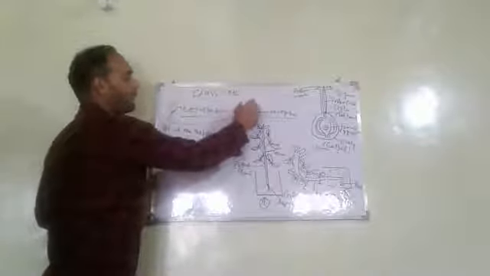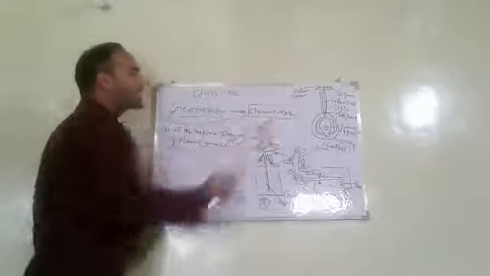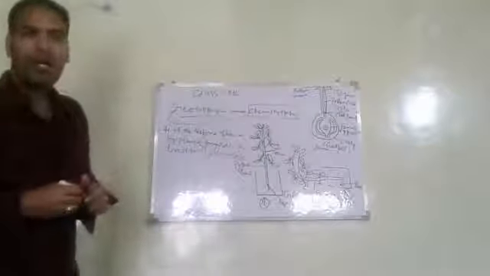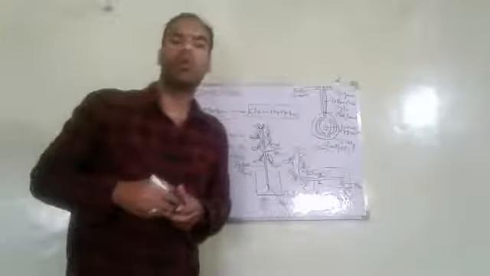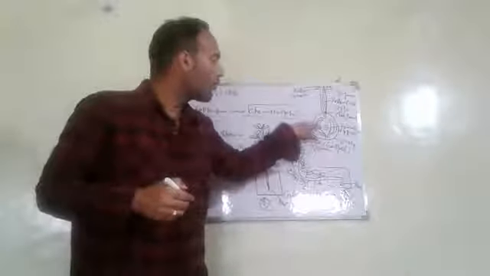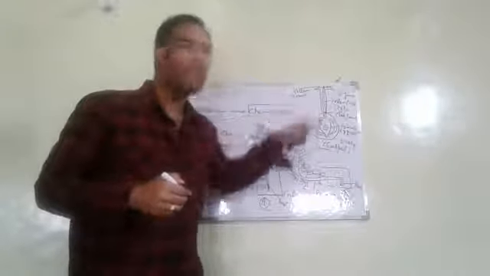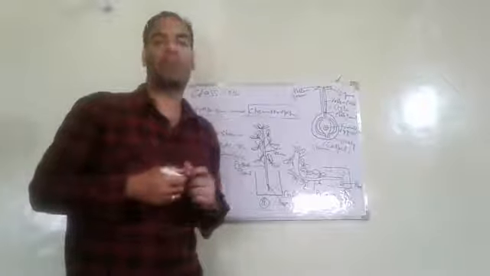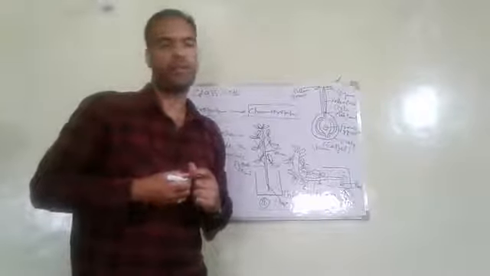The example of chemotropism is the growth of pollen tube through the style towards the ovule, which is present inside the ovary.